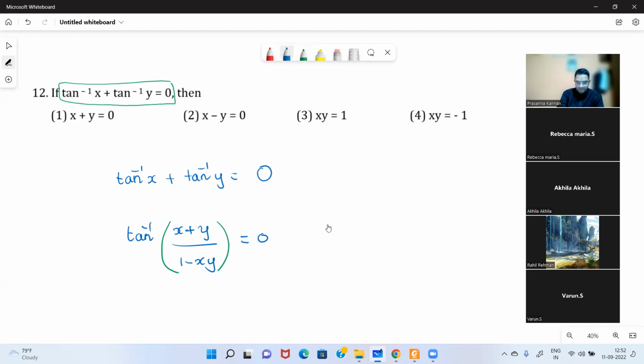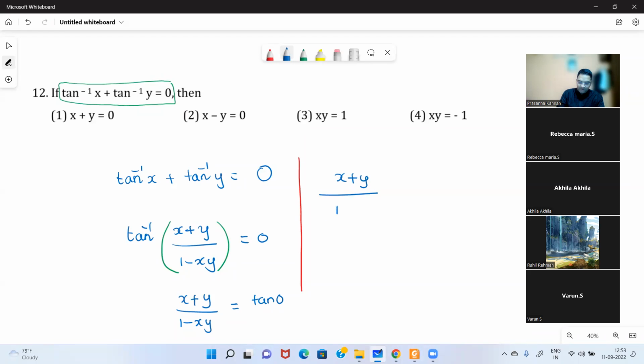You remember this? Yes, sir. So tan inverse of x plus y by 1 minus xy is equal to 0, which means x plus y divided by 1 minus xy is going to be nothing but tan 0. And what is tan 0? 0.